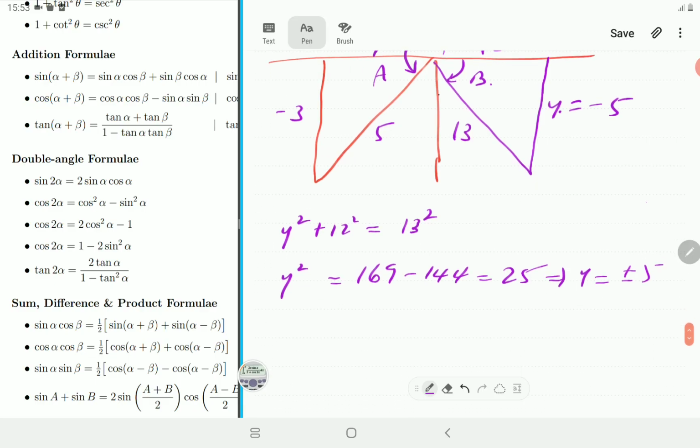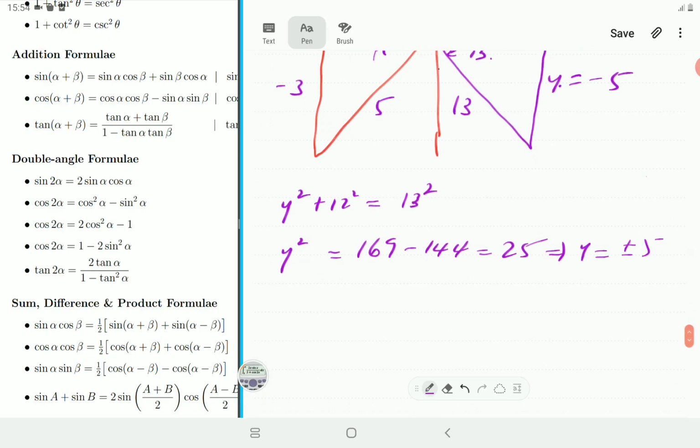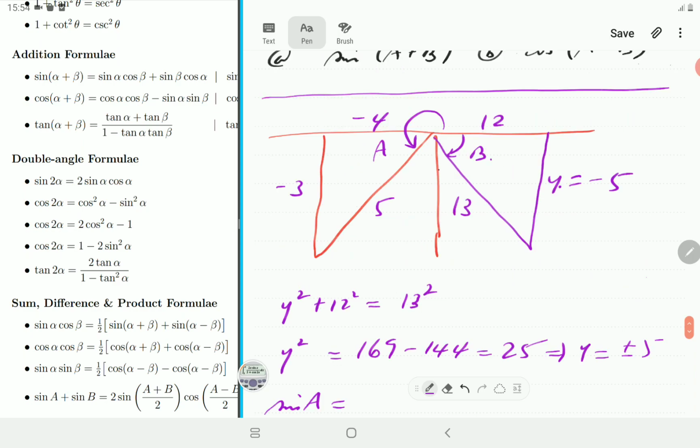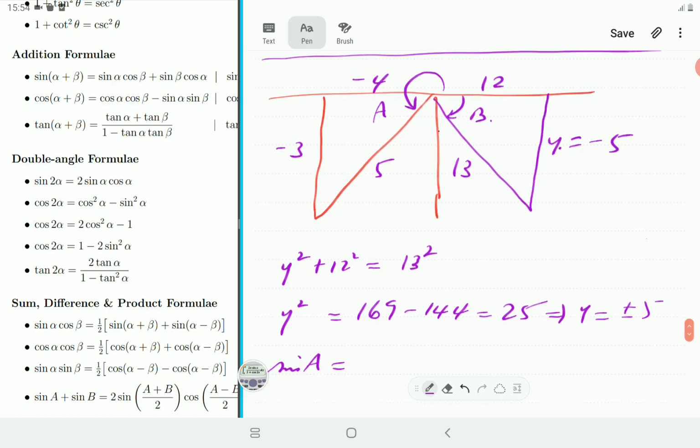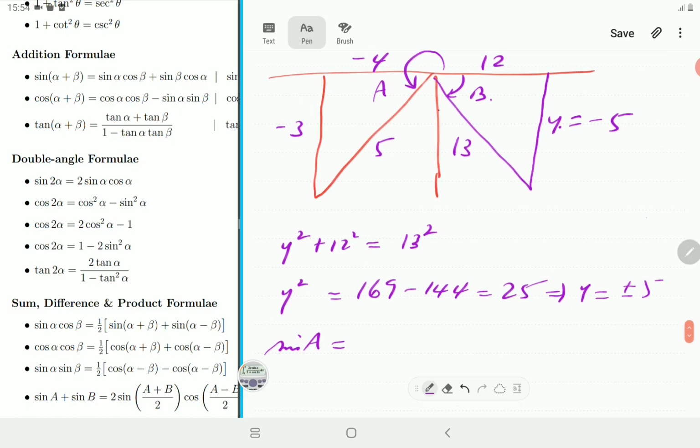So what we can do now is to summarize all the values for angles A and B. So sine A is going to be minus 3 over 5. Cosine A is going to be minus 4 over 5.